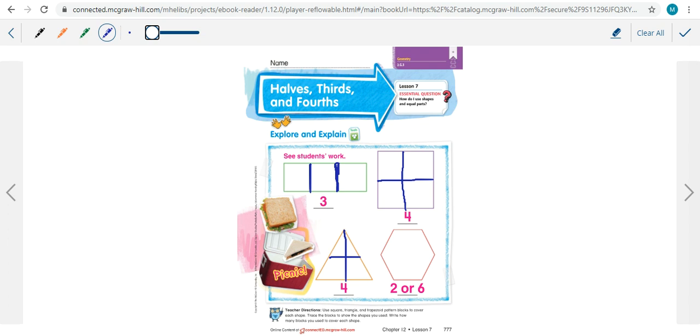Okay, and we are going to divide the hexagon into 2 or 6 parts. Okay, Miss Madeline is going to make only 2 parts. Okay, now turn your pages, please.